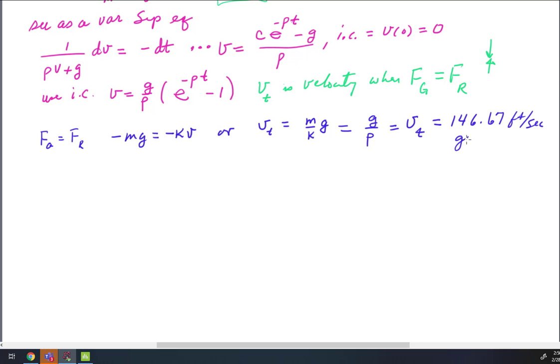And this is given in the problem. So where is all this taking us? This is taking us to g over rho is equal to 146.67.